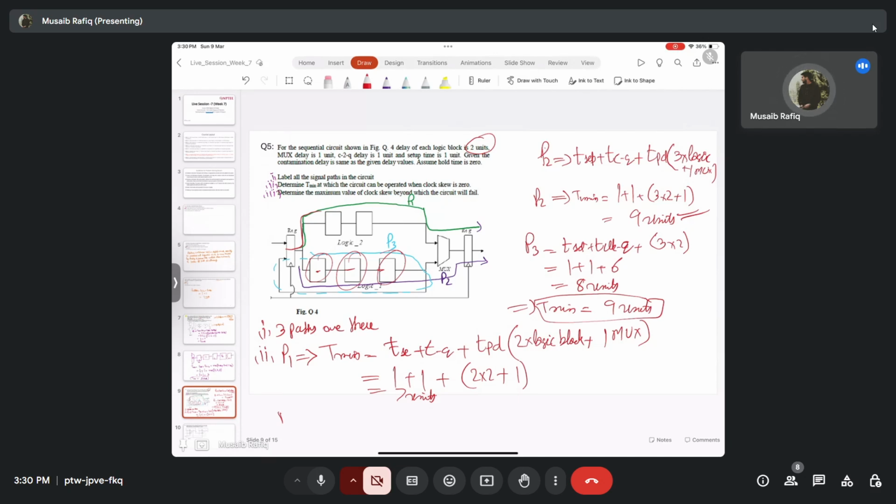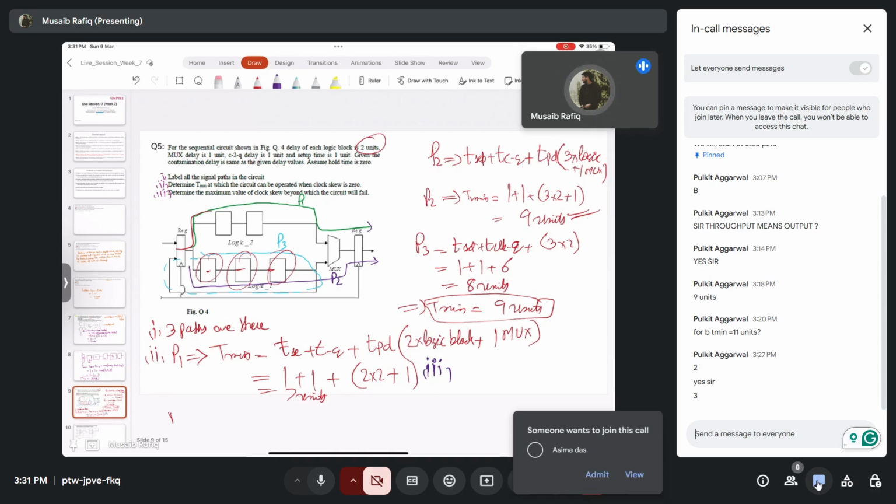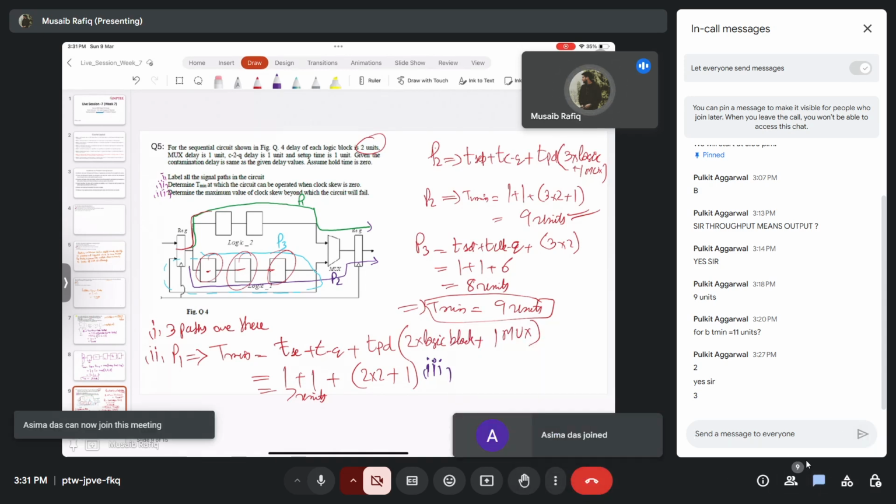Now the question asks us the third part, which I will write here. Third part: determine the maximum value of clock skew beyond which the circuit will fail. So for finding the worst case clock skew, should I consider the faster path or the worst case path?